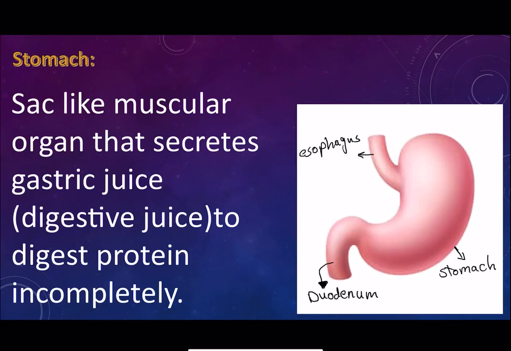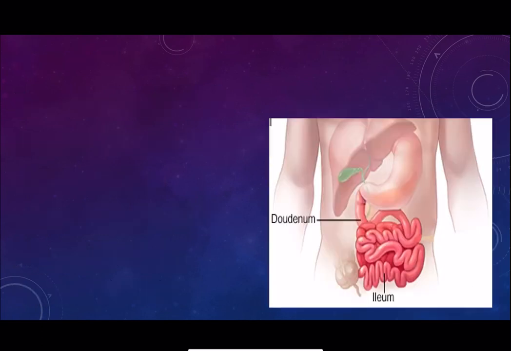Okay, so any type of food that contains starch starts to digest in the mouth, while any type of food that contains protein starts to digest in the stomach. Okay, because it contains a gastric juice that digests protein incompletely.